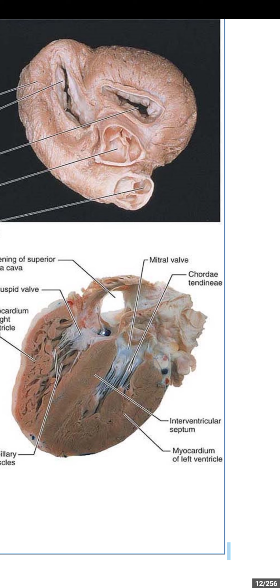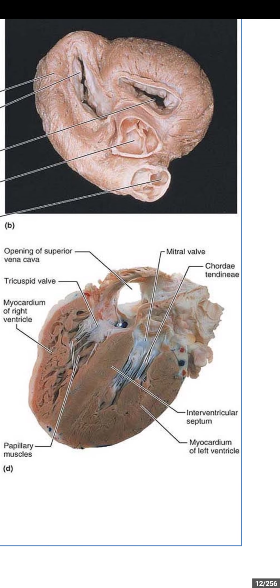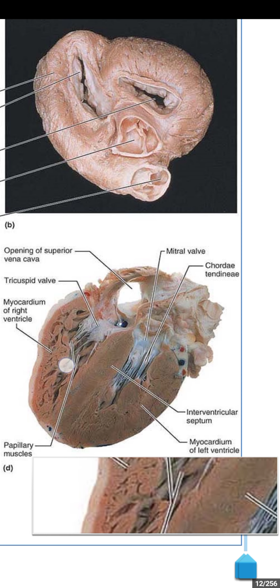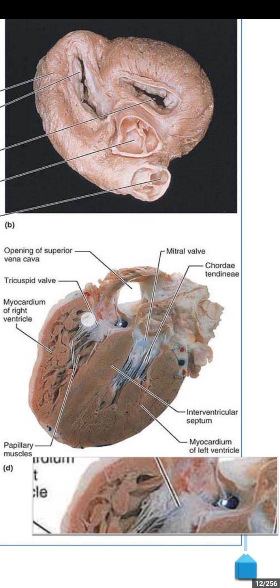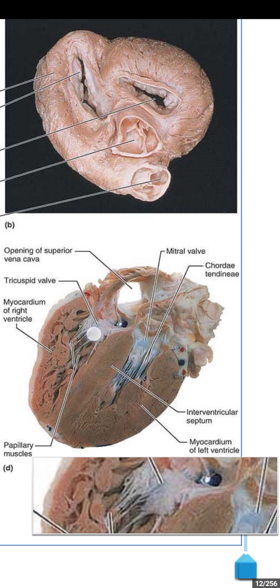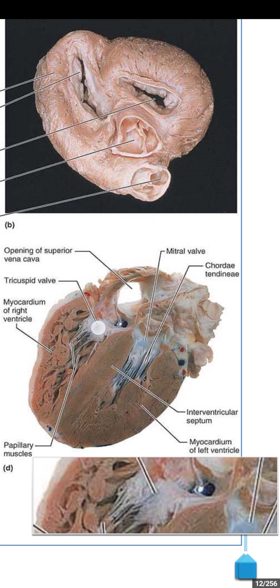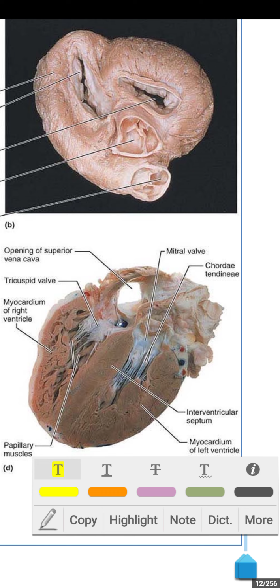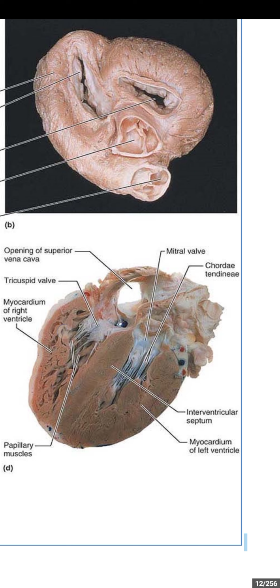We can see the myocardium of the left ventricle. These flaps are known as trabeculae carneae. Sorry, I was mistaken: trabeculae carneae.